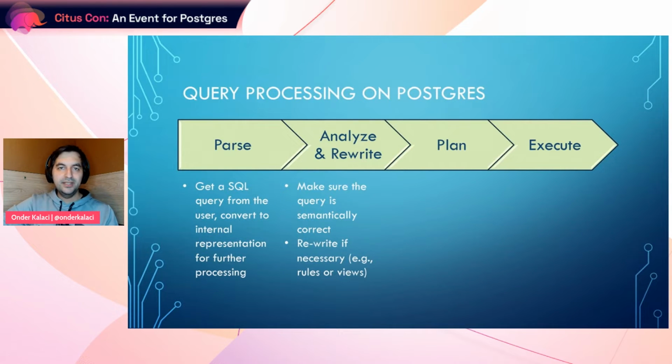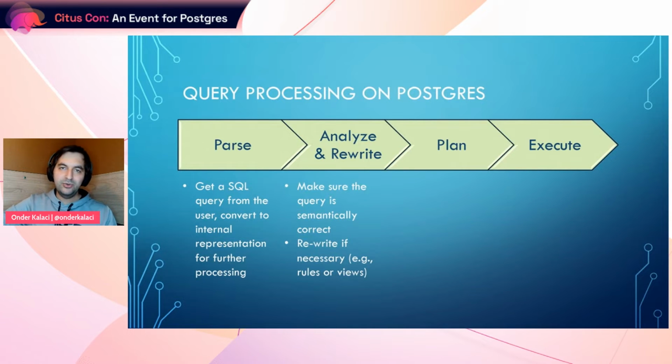If you put an integer value or text value in the where clause, the analyzer will complain that you should have a Boolean column. These types of checks are done in the analyze stage.